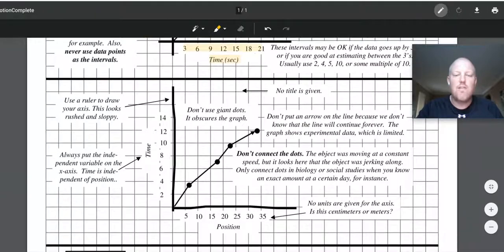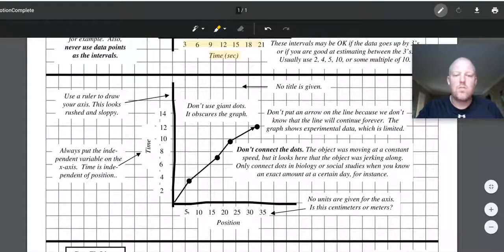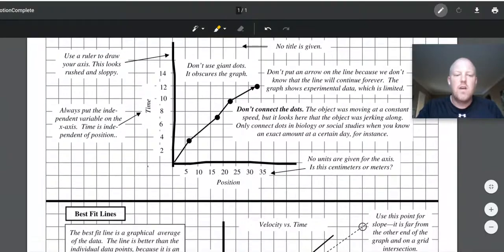As you can see in this graph below, it's very difficult to read what's going on. You can't initially look at it and see what is being compared, what's the relationship being studied. There are no units. You don't know if you're talking meters or kilometers, minutes or seconds. And so if you're missing any of those components, then you're going to have a more confusing, more difficult to interpret set of data.